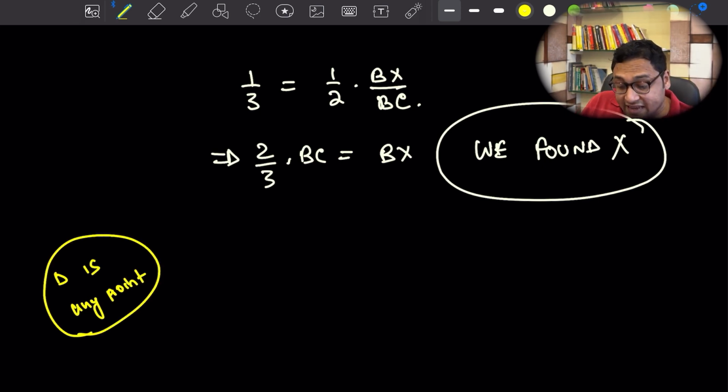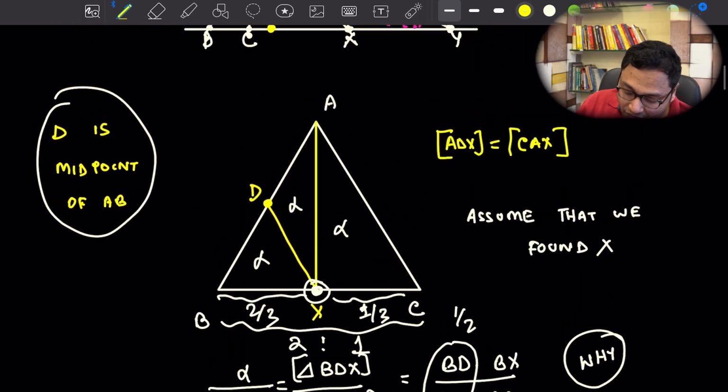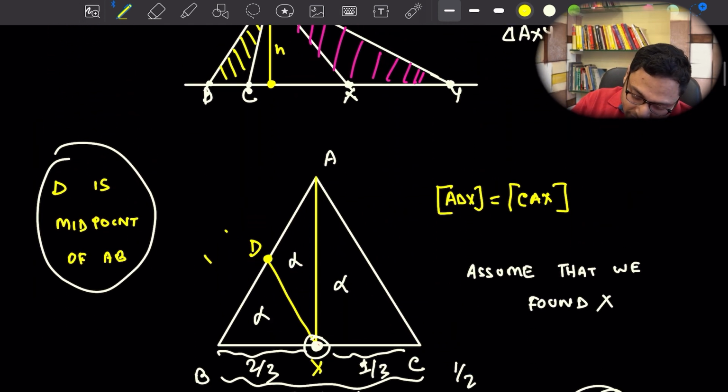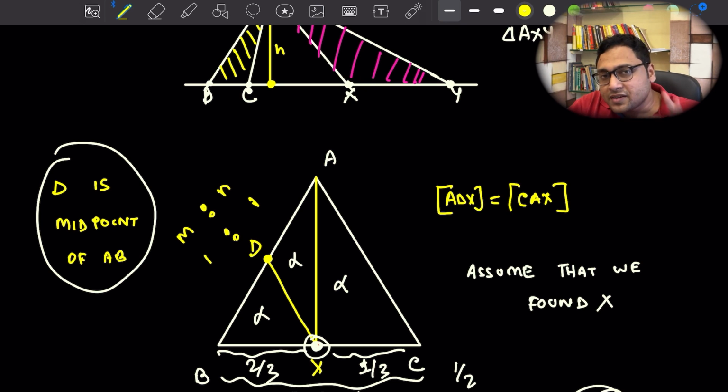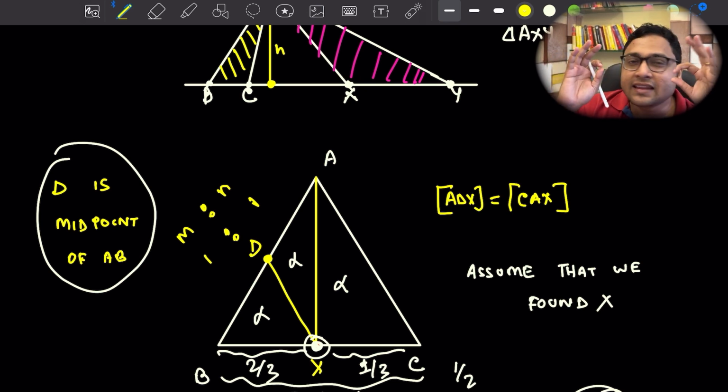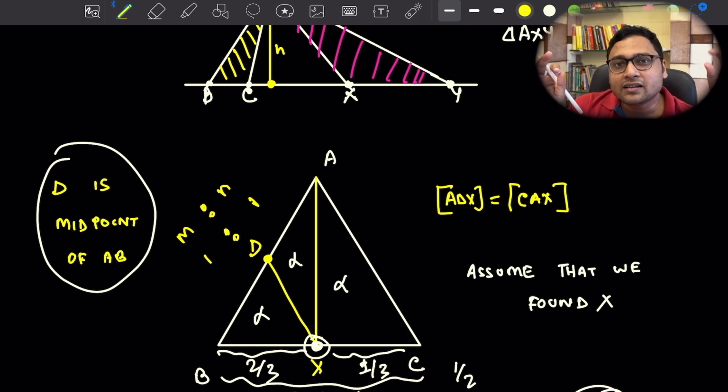So if D is any point, instead of 1:1, which is what we used here, we can just assume that it's m:n. Some number is to some number. Now you may have a little lingering doubt here. What if D does not divide AB perfectly, in integer ratios? That's totally fine.